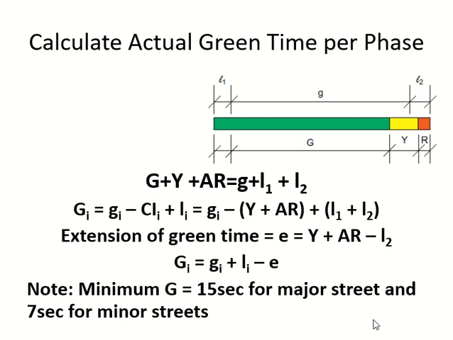On this side, I have equations for two things, yellow and all red. I already calculated this time. So the only remaining thing is green.